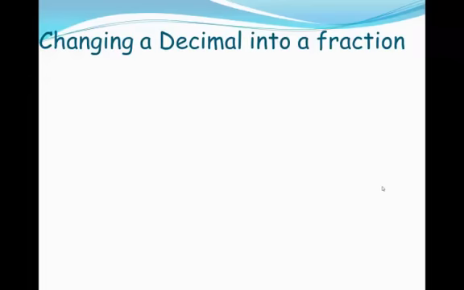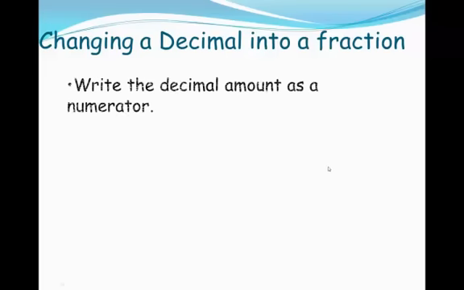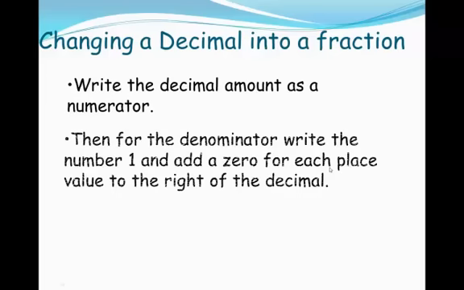Now, sometimes you may need to change a decimal into a fraction, and this is the easy part. So you need to write the decimal amount, so the part that's after the decimal point, as the numerator, and then for the denominator, write the number 1 and add a 0 for each place value on the right-hand side of the decimal.